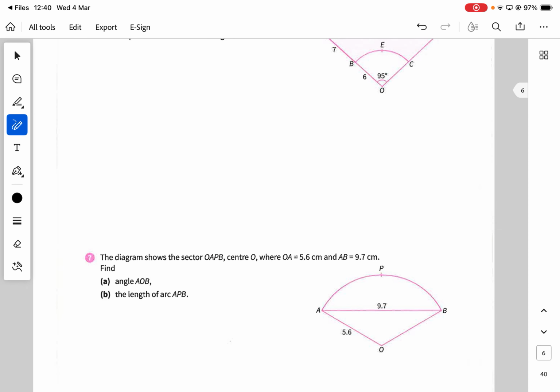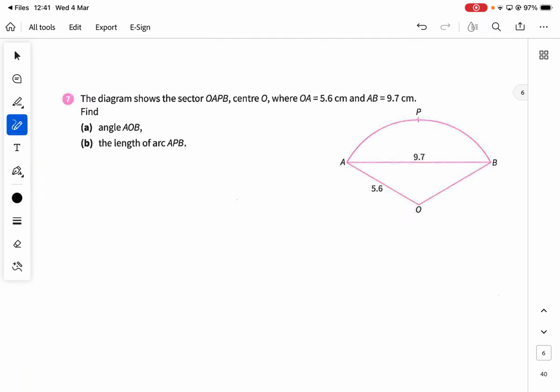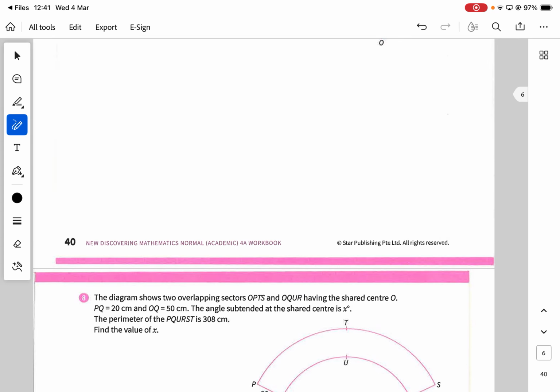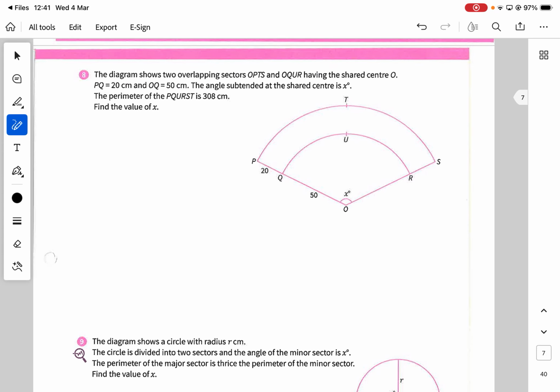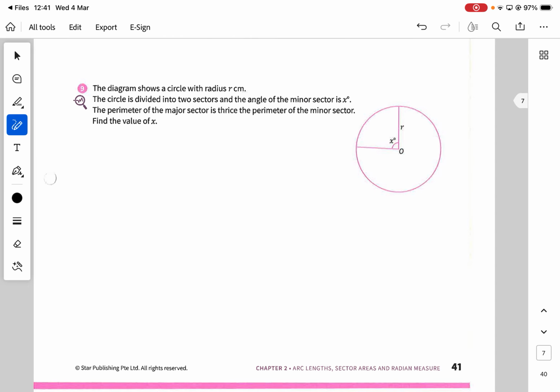Find the area. Sector, remember we touched on this before. Sector is this piece of pizza. This piece of pizza is actually part of the entire pizza. If I have the entire pizza, do you all still remember how do I find the area?